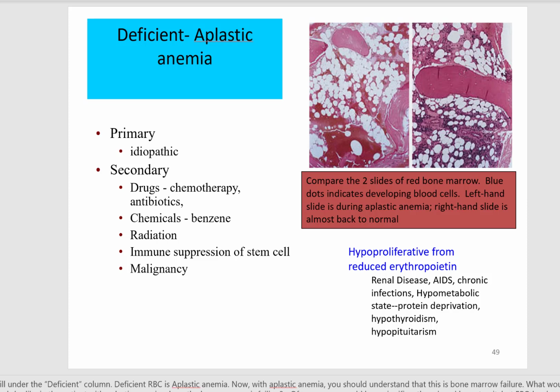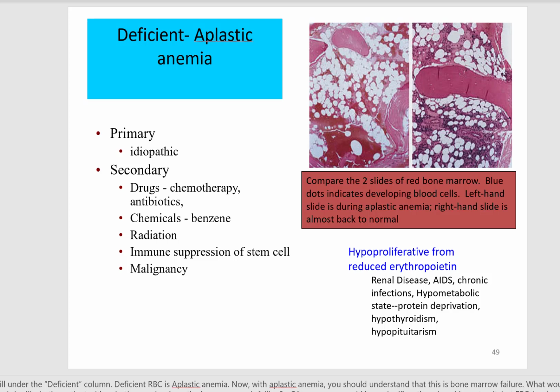When else can we see a reduction in red blood cell synthesis? Again, we're in the light blue category. This can happen in aplastic anemia. When a patient has aplastic anemia that is primary, we oftentimes refer to this as idiopathic, meaning the physician doesn't really know why the person isn't having appropriate red blood cell synthesis.